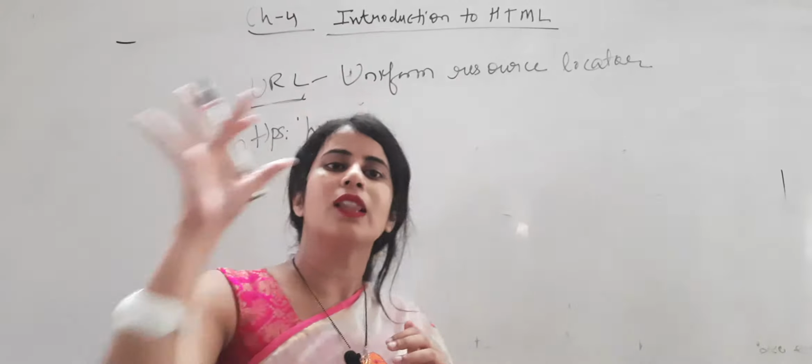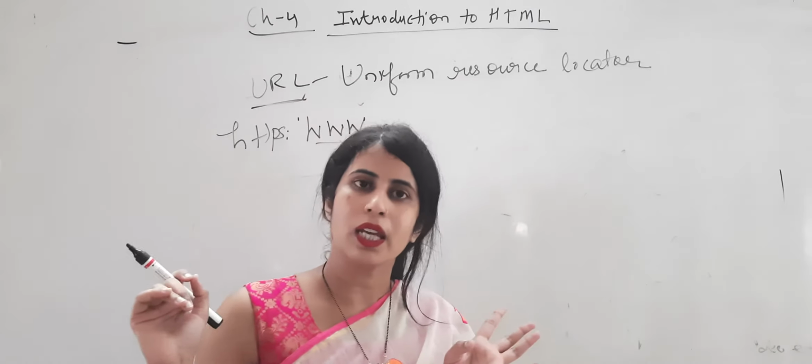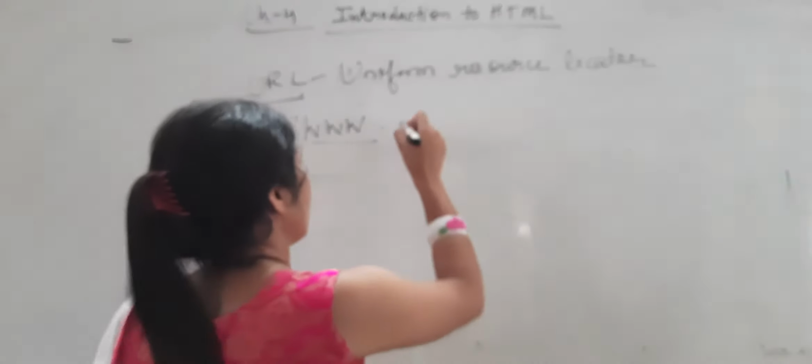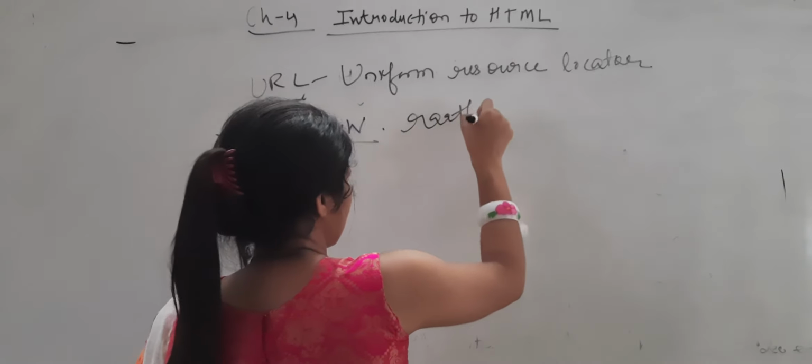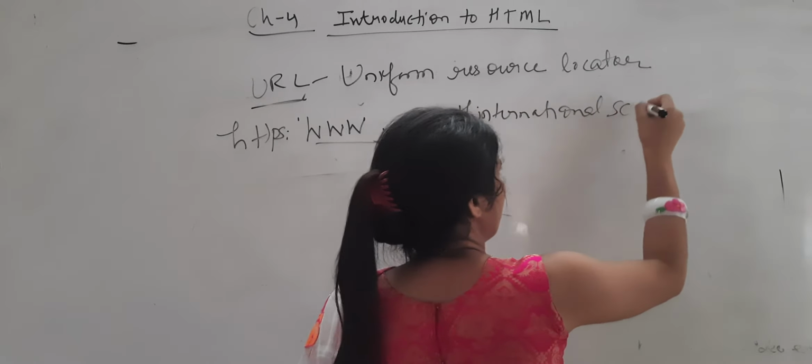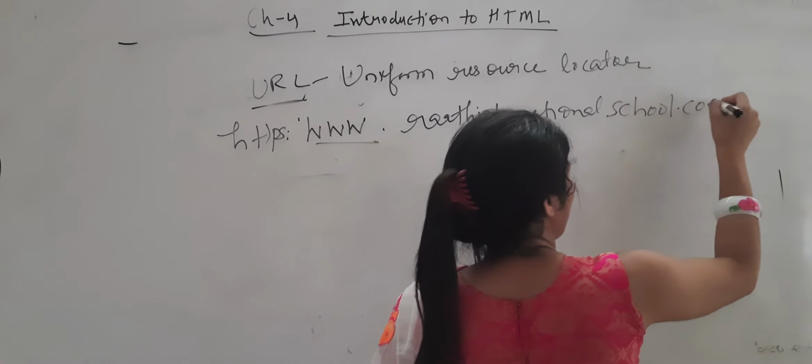It consists of all the details worldwide, so every address starts with it. Then after that we write the domain name. Suppose it is RAT International School.co.in.